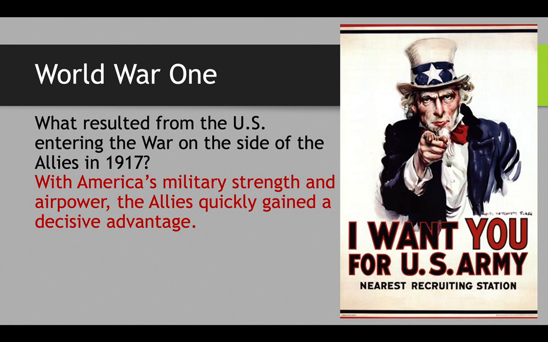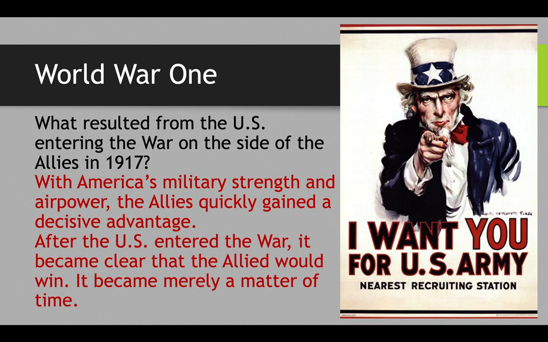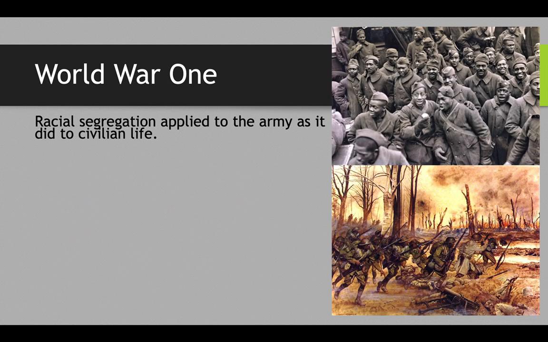Now, the air power was really important because the U.S. had invented flight and therefore were years ahead of the rest of the world in airplane technology. So with American planes coming to Europe, having superiority in the air, the Allies were able to very quickly gain a big advantage. After the U.S. entered the war, it became clear that the Allies were going to win. It was just a matter of time.